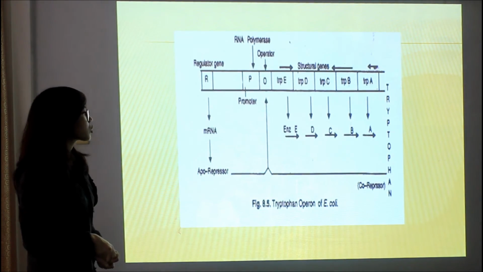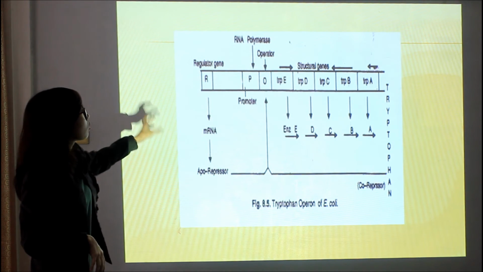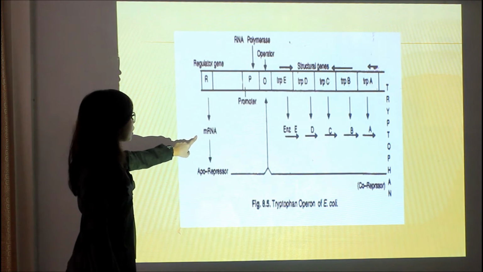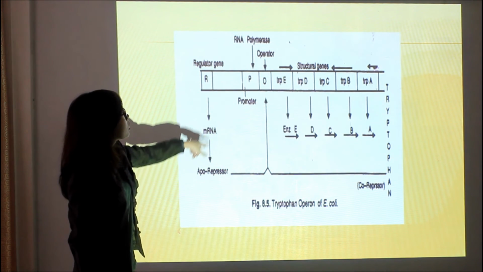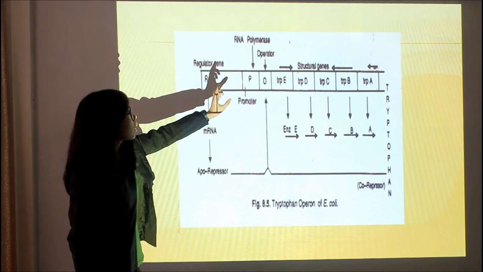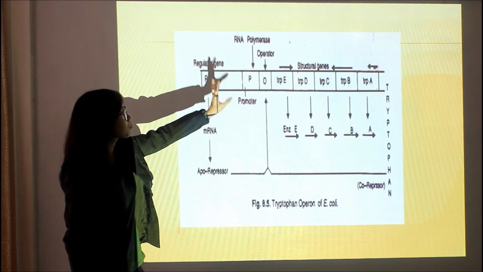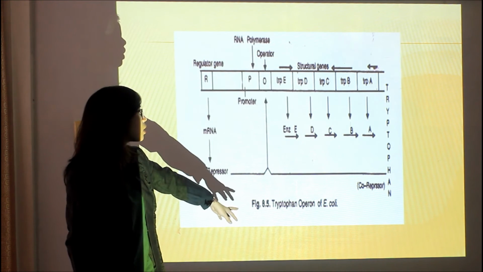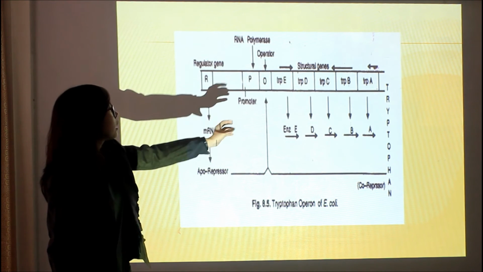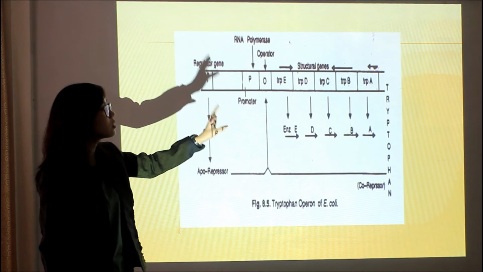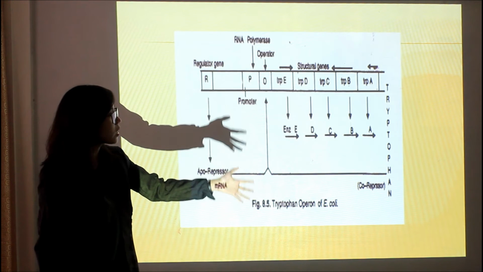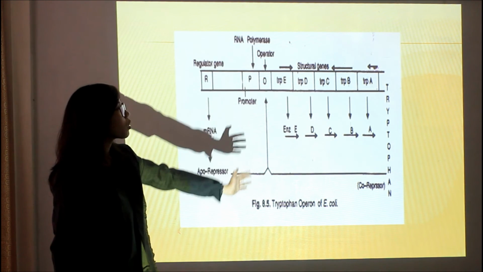So this is the tryptophan operon of E. coli. This is the regulator gene producing mRNA and the aporepressor. Here is the promoter with the RNA polymerase, the operator, and the structural genes of the tryptophan operon of E. coli, the tryptophan E, D, C, B, and A, which produce enzymes EDCBA, and the co-repressor.